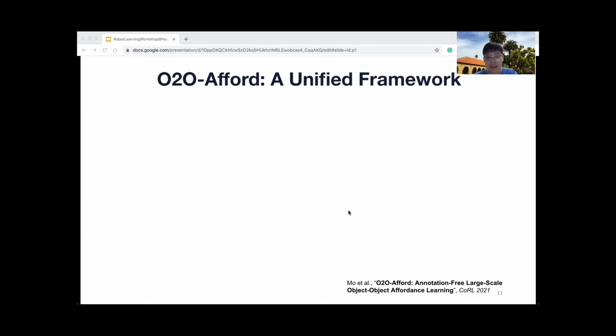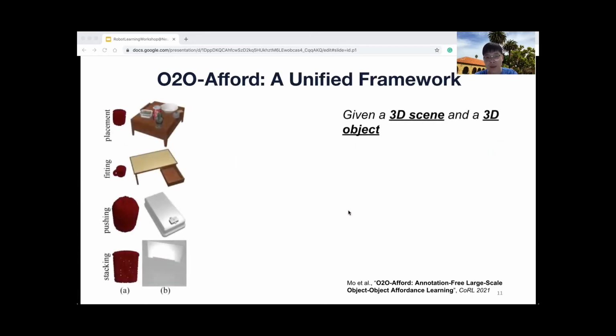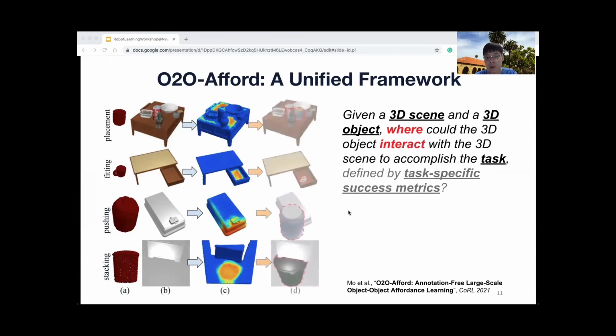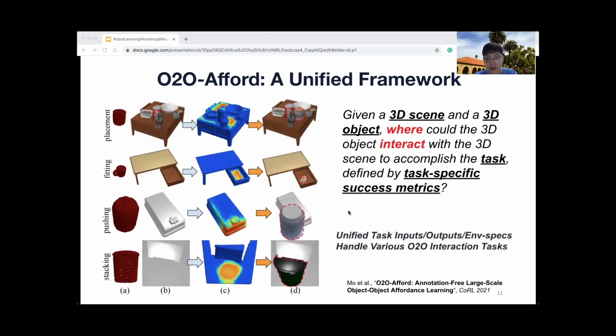For each task, given a 3D scene and a 3D object, we predict task-specific O2O affordance maps to indicate where the 3D object could interact with the 3D scene to accomplish the task defined by some task-specific success metrics. Our framework is able to unify the task inputs, outputs, and environment specifications to handle various O2O interaction tasks.